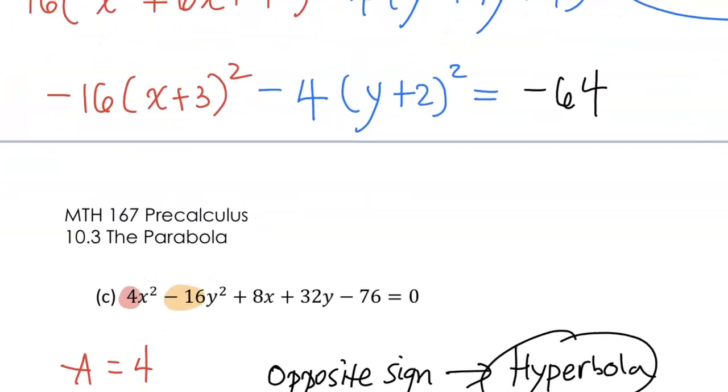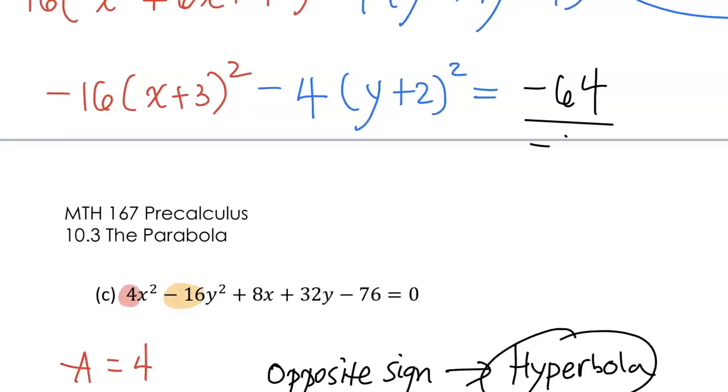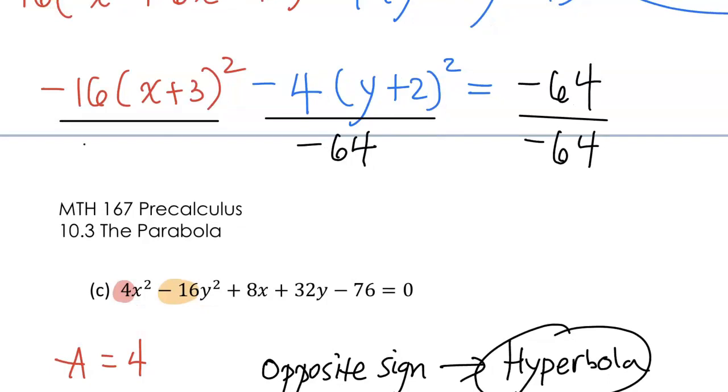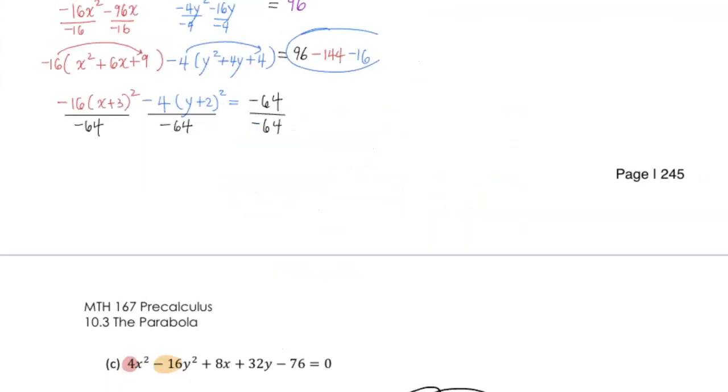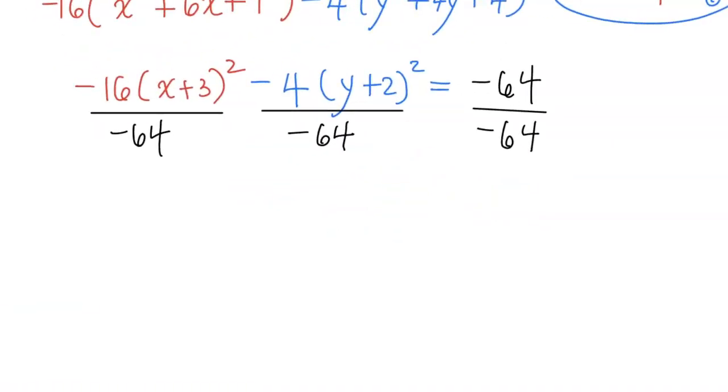But it's all right. Everything's negative. That means once we divide all sides by negative 64, things will simplify to be positive. I'm out of room, so I'm going to make these a little bit smaller, okay? So here's going to be the answer. How do you simplify the fraction 16 over 64?